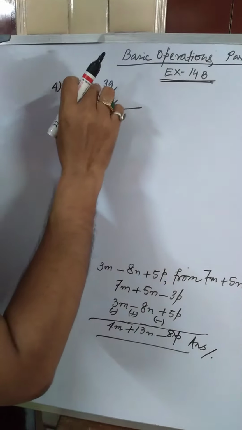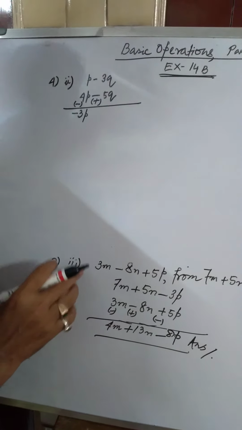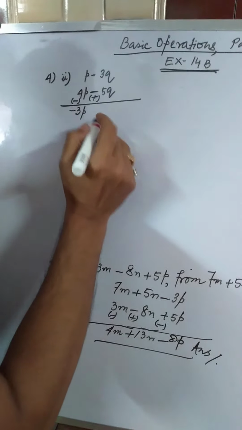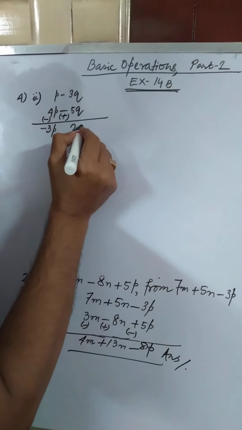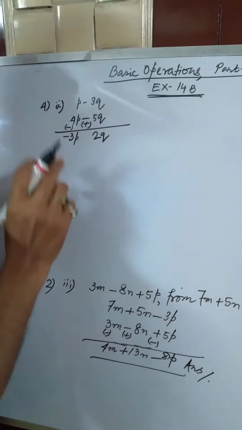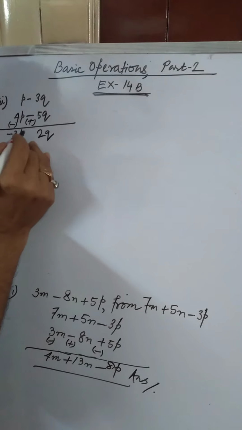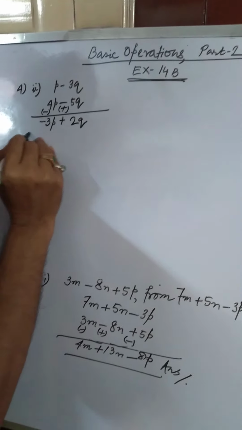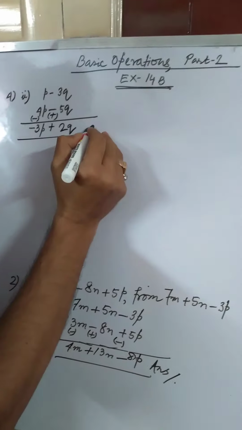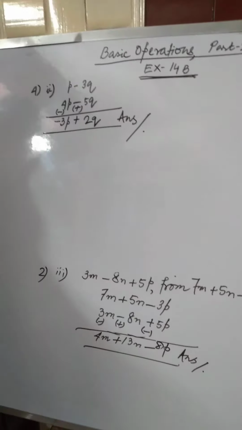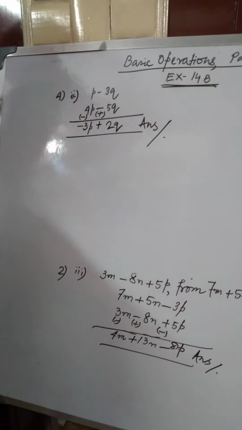Now consider here minus 3q plus 5q. So 5 minus 3, the result is 2. That means 2q. 5 is bigger than 3 and the sign of 5 is positive, so that should be positive sign. So 3 minus 3p plus 2q. Here is the answer of question number 4, Roman 2.